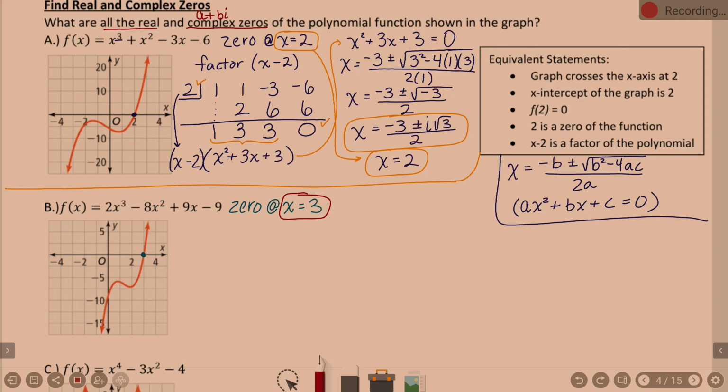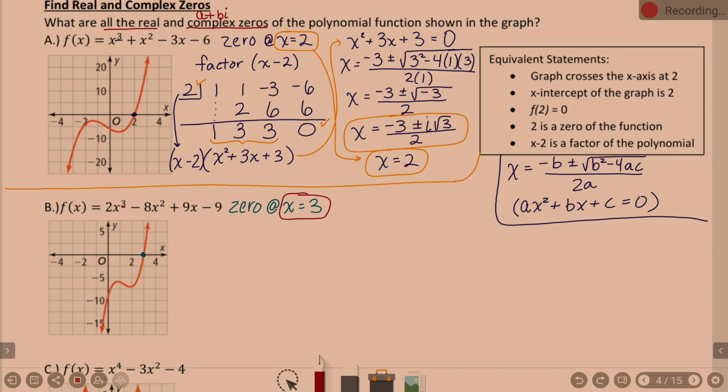How many more answers am I looking for? 2 more, because how many total answers are there in this problem? 3. It was x to the third, which means 3 total answers. If I physically see 1, and that's all I see, what's that mean about the other 2? They're imaginary, yes? So similar setup to what we did last time?